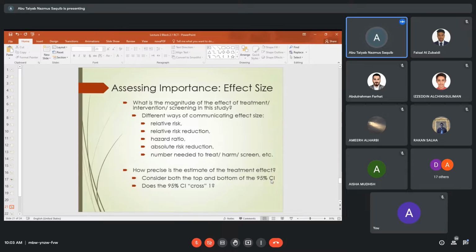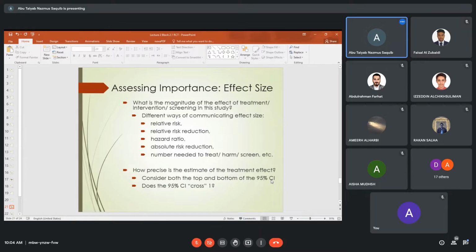Look at the effect size. Effect size means how much effect the intervention has had on the outcome. If it is a huge effect, your confidence in the intervention will go up.